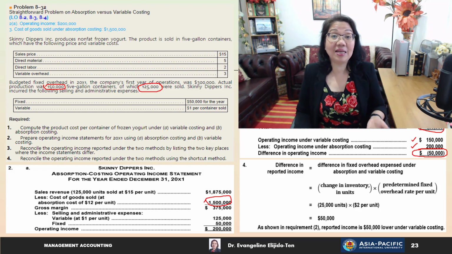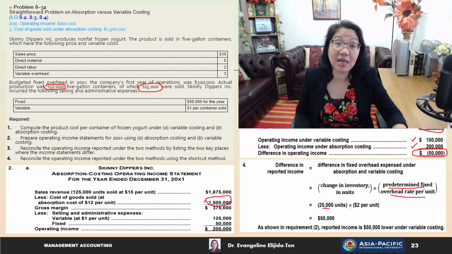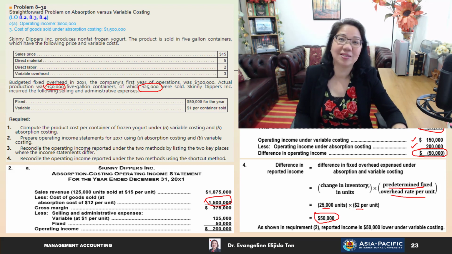So there is an increase in inventory of how many? 25,000 units, right? So that change in inventory of 25,000 units will be multiplied by the predetermined fixed overhead rate per unit, which we have calculated in requirement 1 to be $2 per unit. And so that gives us that $50,000. That's the difference between the profit reported under absorption and variable costing.